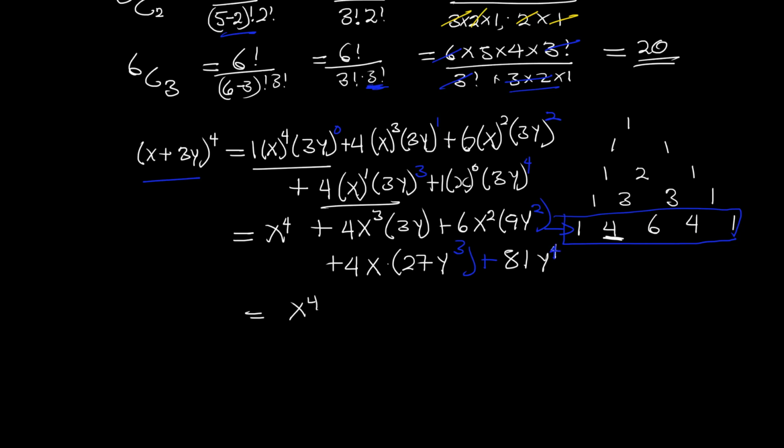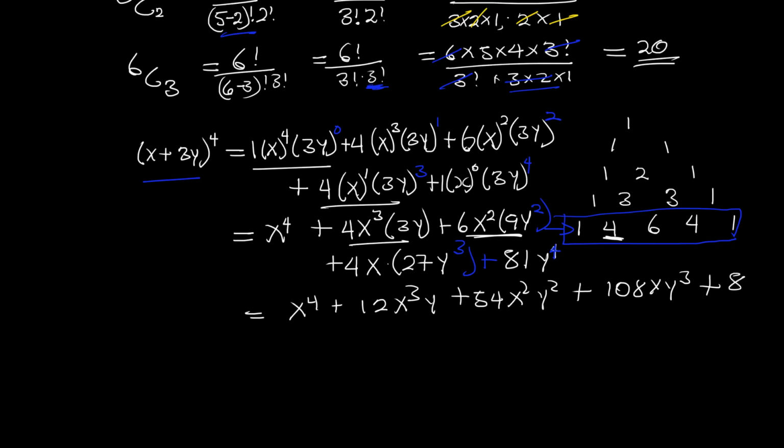We can simplify: x to the 4, plus 4 times 3 is 12, x cubed y, plus 9 times 6 is 54, x squared y squared, plus 4 times 27 is 108, x y cubed, plus 81 y to the 4.